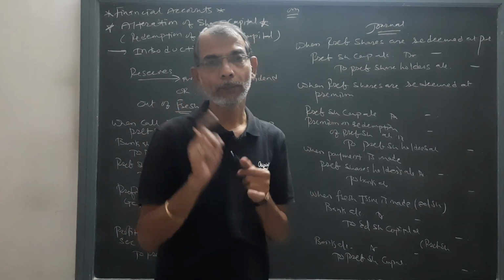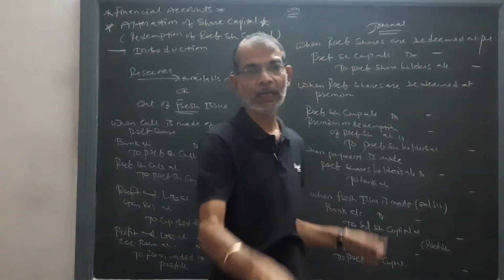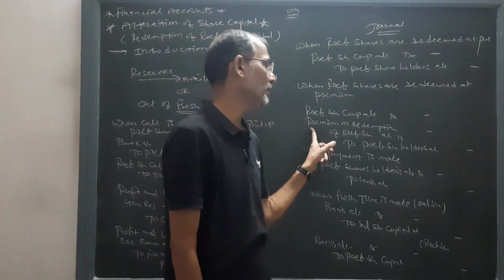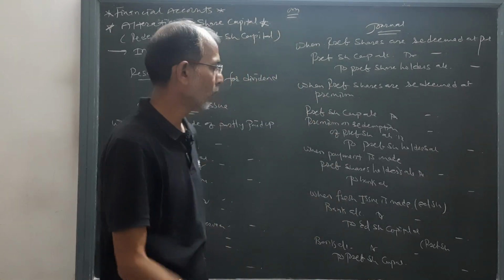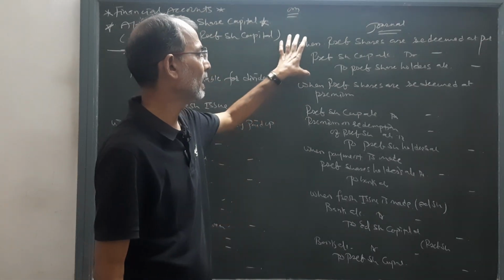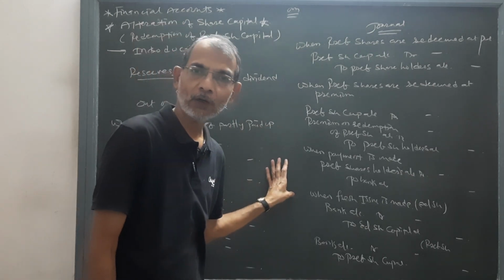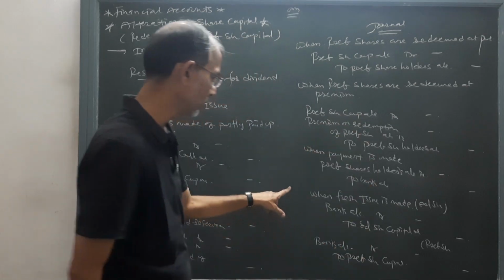If preference shares are redeemed at premium, then the entry would be preference share capital account debit, premium on redemption of preference share account debit to preference shareholders account, and when payment is made, whether at par or at premium, preference shareholders account will be debited and bank account will be credited.